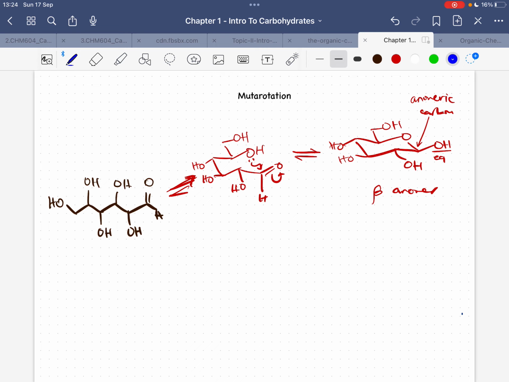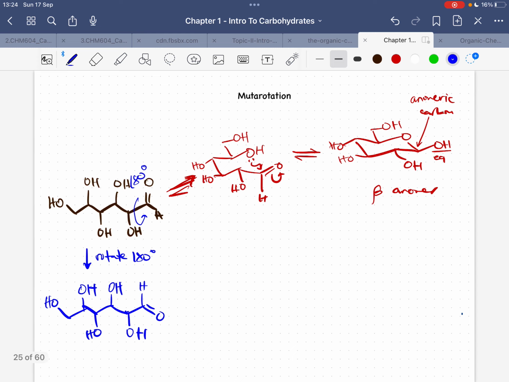Suppose, as I said, sp3 bonds can rotate, right? So suppose you are rotating this 180 degrees. It becomes such that, since we rotated it, instead of the carbonyl oxygen pointing up, at 180 degrees the carbonyl oxygen is pointing down.